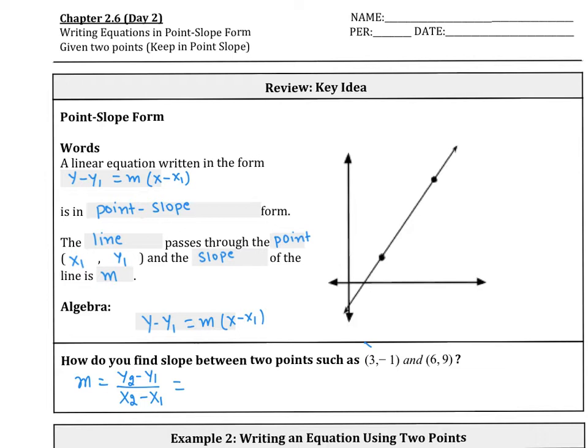So we can name that x1, y1 and name that x2, y2. So this is going to be 9 minus -1 divided by 6 minus 3. So this is going to be 10 divided by 3. So the slope is 10 over 3. It's a positive slope and the line for this slope is going to rise from left to right.